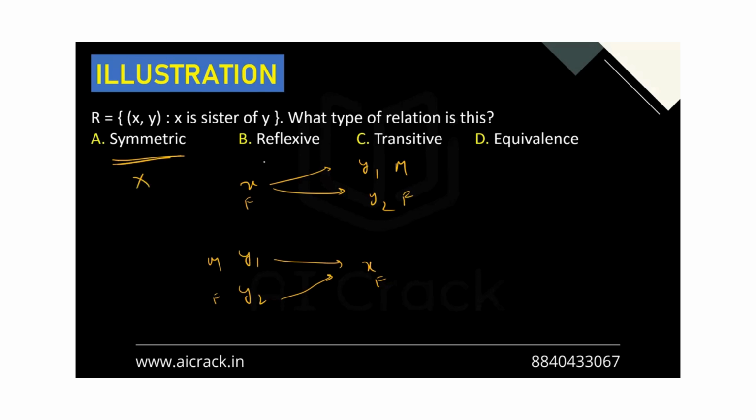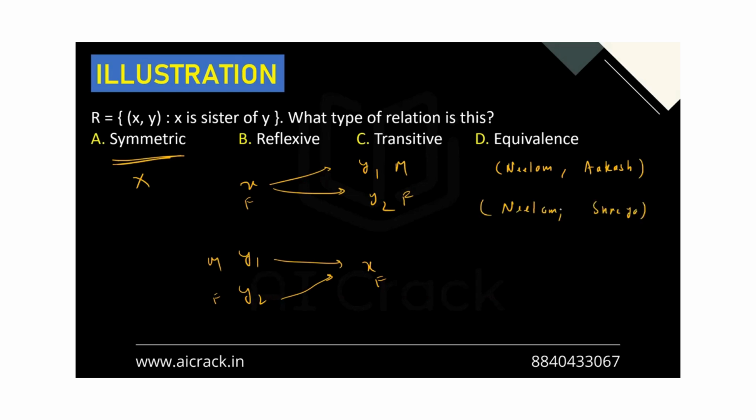If someone is getting confused in terms of y1 and y2, let's take the names over here, right? Now let's define the two elements of this set. The first element is Neelam, which is x, comma Akash, which is y1. The second element would be Neelam and say Shreya. Shreya is y2.